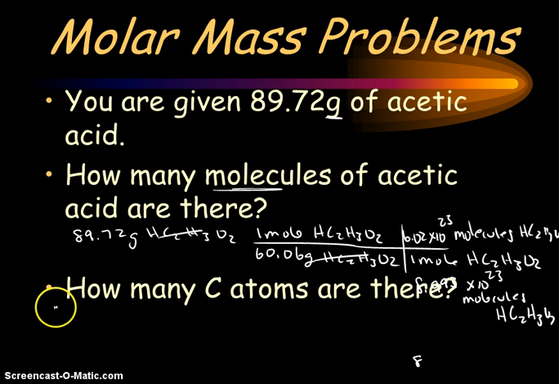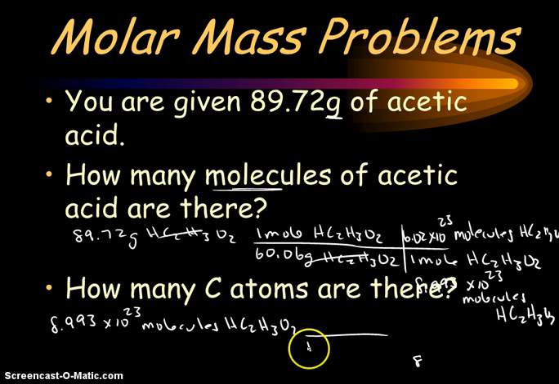So if we have 8.993 times 10 to the 23rd molecules of HC2H3O2, for every 1 molecule, there will be 2 atoms of carbon.